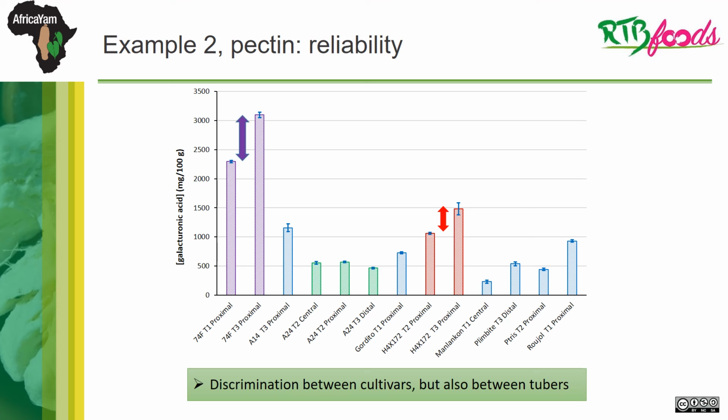So as for water content, we obtain a quite good discrimination between cultivars, but also between tubers. So you have to take into account this large variation in composition of tubers in the case of yam. This will be the case for all the component analyses you will develop in the case of yam.